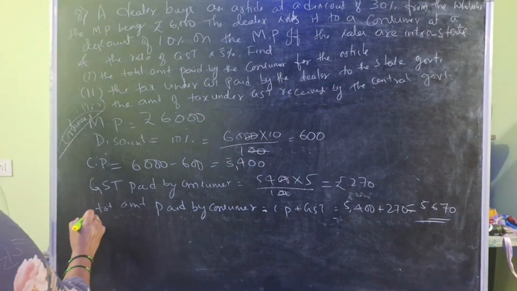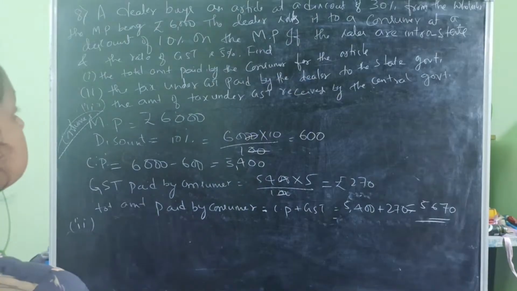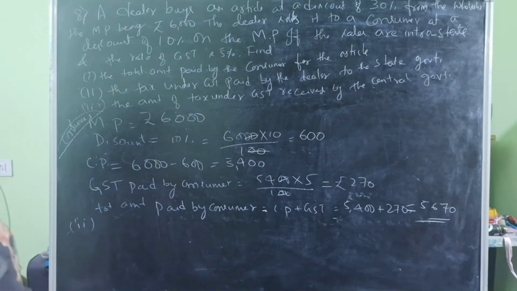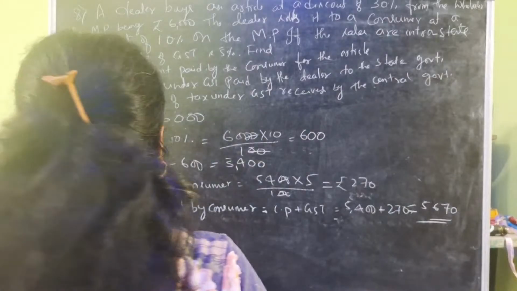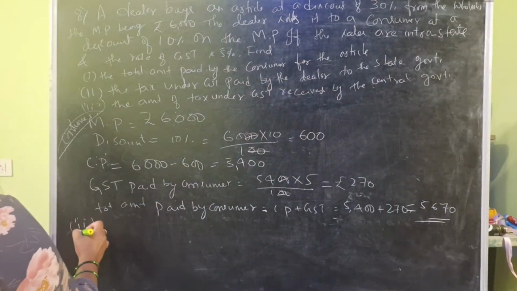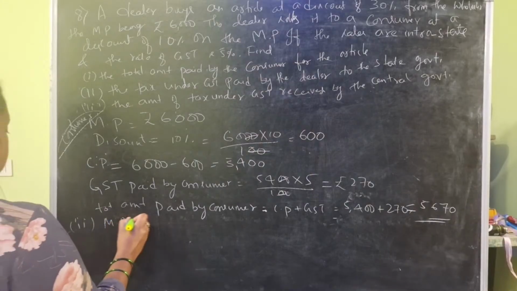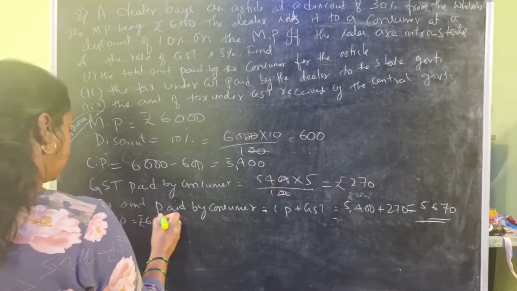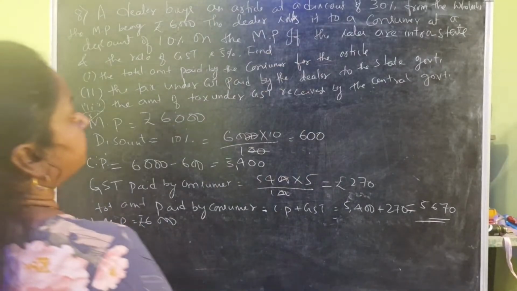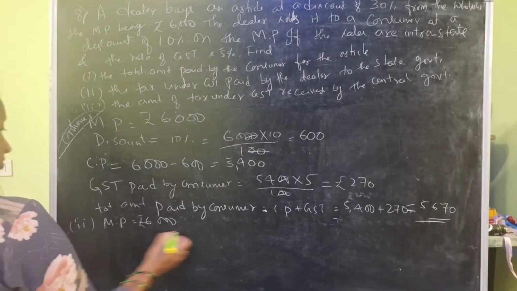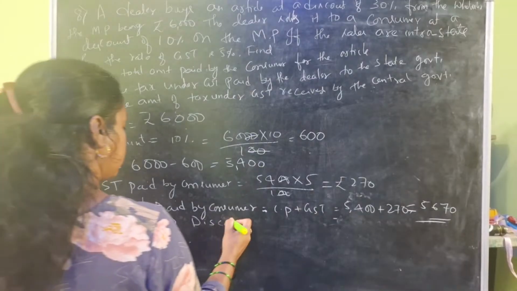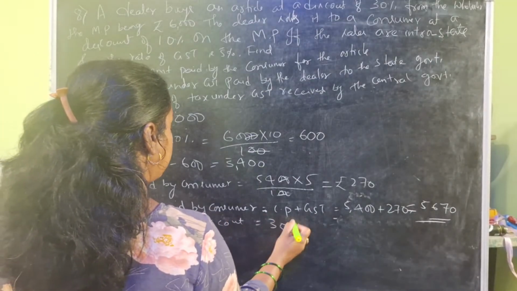And for the second question, here the market price is rupees 6,000. So discount is equal to 30%.